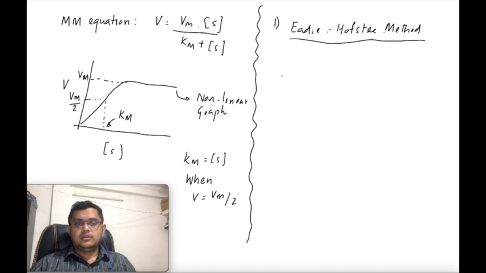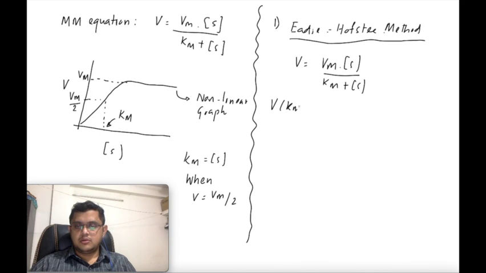How to do that? We just modify the MM equation in order to convert it into a linear form. Let me see how. This is your MM equation. Just cross multiply this, multiplying it inside the bracket.